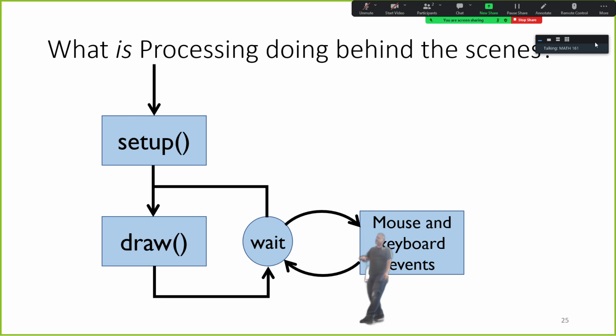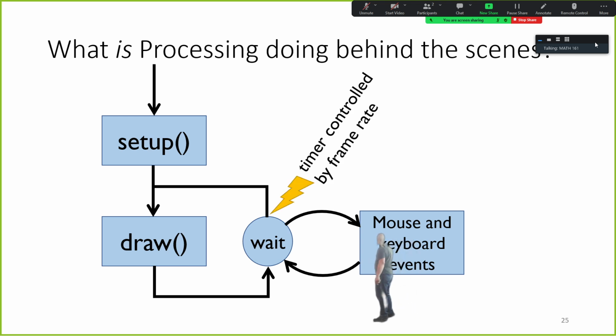So how Processing works to do this is we have that setup phase, the draw phase, and we wait on mouse and keyboard events and on the timer that gives us how frequently to update. Right? So what happens here, it comes in, it's waiting, we have mouse and keyboard events, and they can operate independently, and then it does a frame update and it calls draw again.